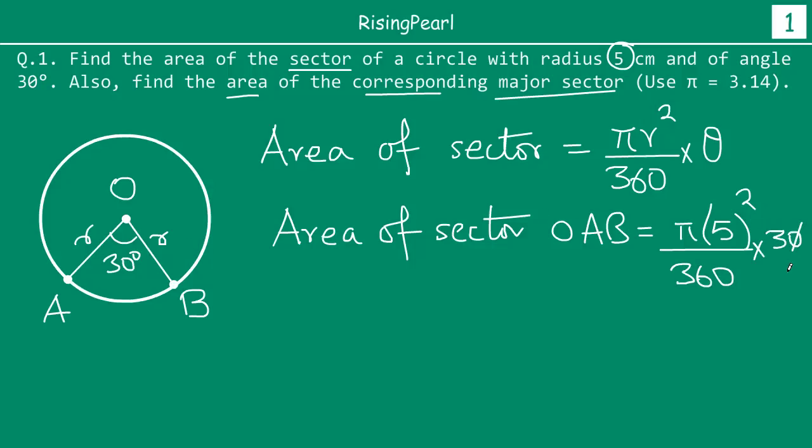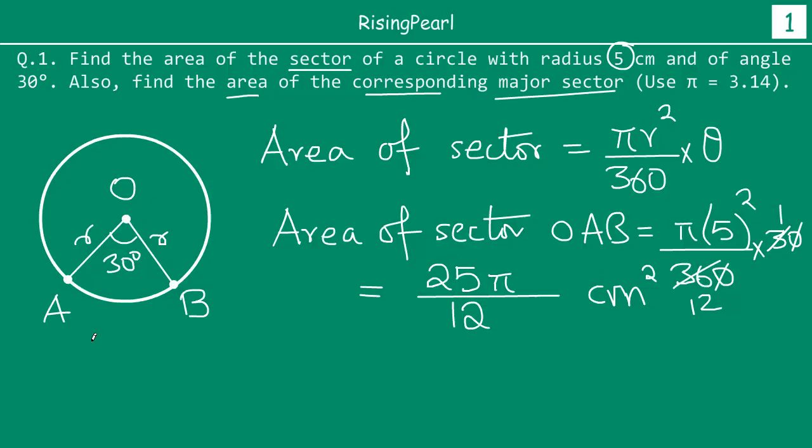If you open up the bracket, 5 square is 25 times pi. So the 0 and 0 cancel out, and 3 1s are 3 and 3 12s are 36. 1 by 12. So we have 25 pi by 12 centimeter square, which is going to be the area of the sector OAB.